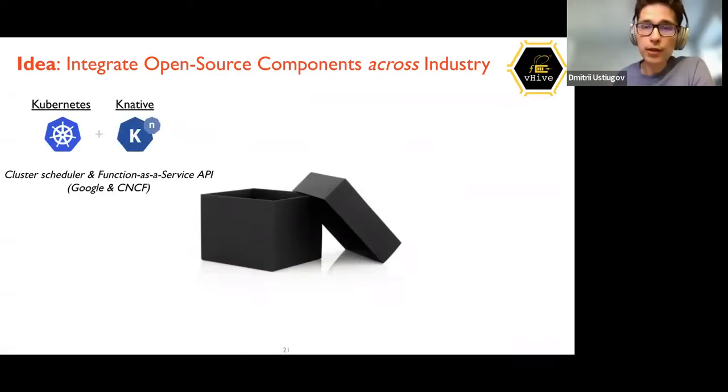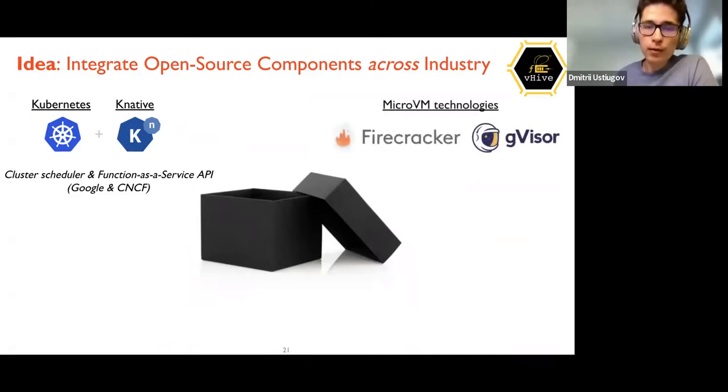So we adopted Knative and Kubernetes as the function-as-a-service programming model and the orchestration framework. For sandboxing technologies, we support Firecracker and Java micro VMs along with the vanilla containers that Knative supports.